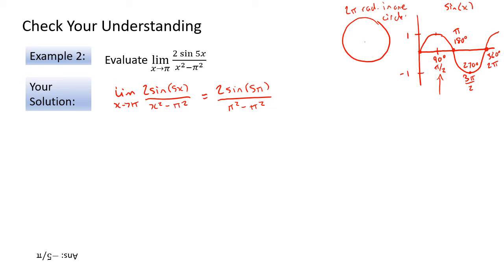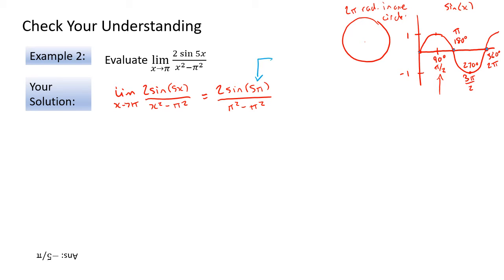Remember, sine and cosine functions are cyclical, meaning that this wave is going to continue to happen again and again and again. So at pi, 2 pi, 3 pi, 4 pi, 5 pi, because it's cyclical, it's going to be 0 at every one of those.